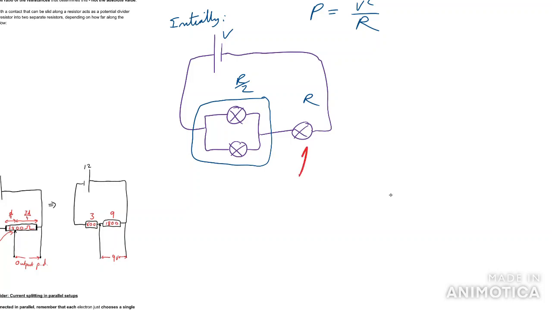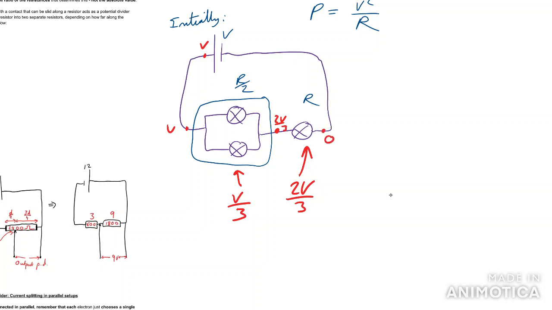This one gets twice as much as these ones, so this one must get 2V over 3, and these ones must get V over 3, because the voltage is shared in the ratio of the resistors. Labeling what we mean by that, we've got V units of energy here, we must have 2V over 3 left after that, and 0 left there.